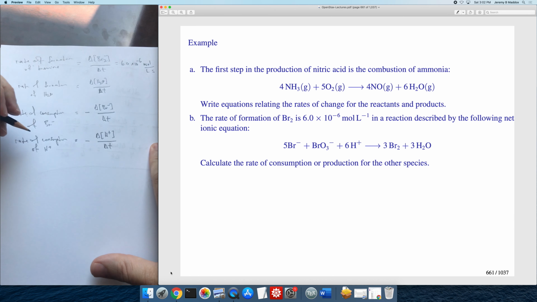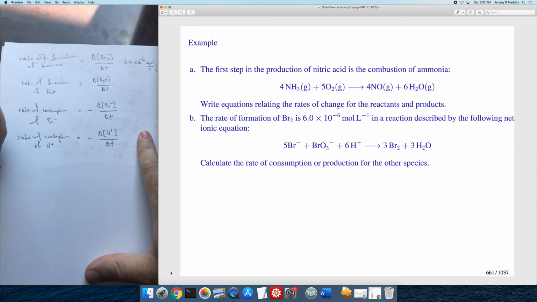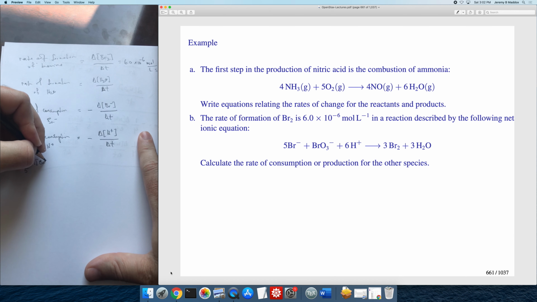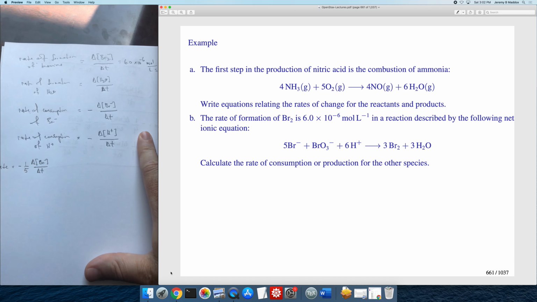Now, the rate of the reaction. Here's where we include both the signs and the stoichiometric coefficients. So the rate of reaction, starting with the bromide, minus 1 over 5, delta Br minus over delta T, that's one expression.